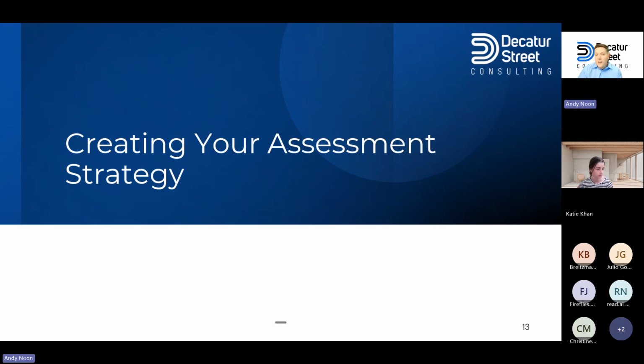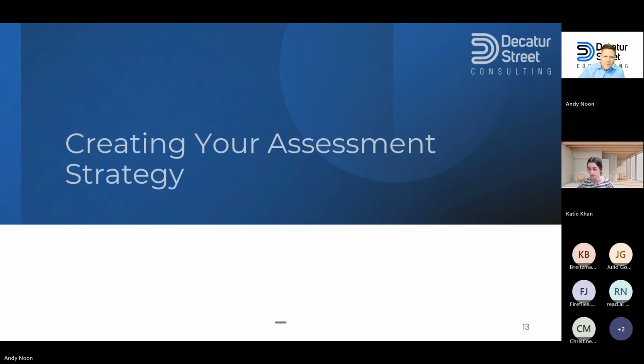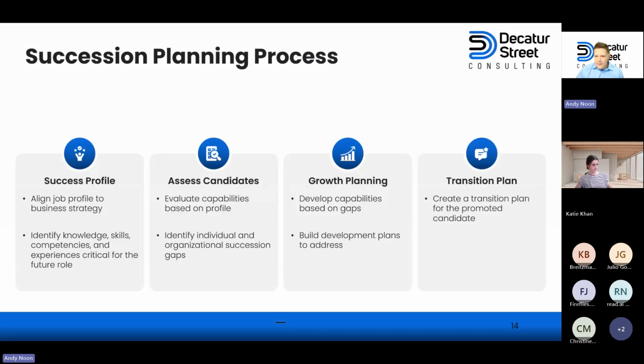So let me start talking about how you could think about your own assessment strategy. The first thing, I think it's important to see, is where assessments fit in the overall process. This is a very typical, scaled-down succession planning process.